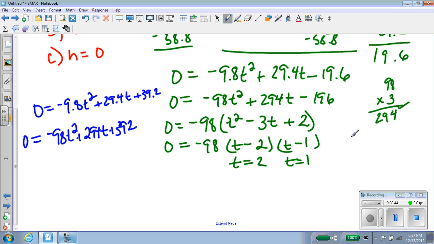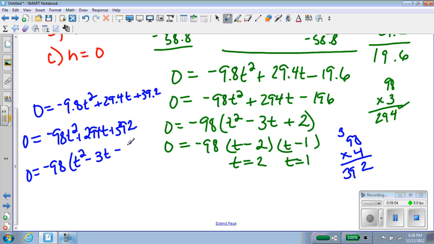I'm wondering if 98 times 4 is 392. Hey, I can factor out my 98 again. So 0 equals negative 98 times t squared minus 3t minus 4, which factors as t minus 4 times t plus 1.